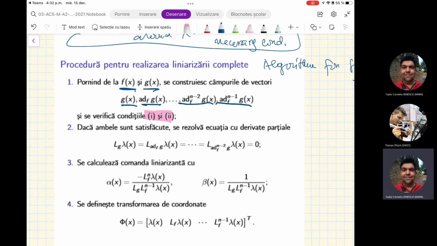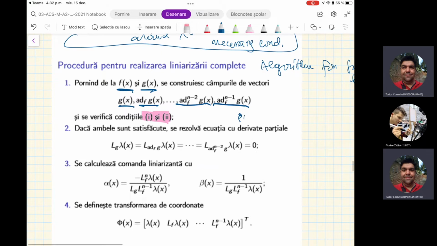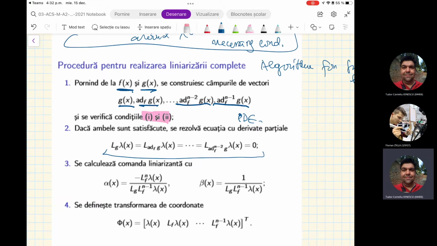If 1 and 2 are satisfied, then you solve the partial differential equation, the PDE. Then you compute the control law with alpha(x).